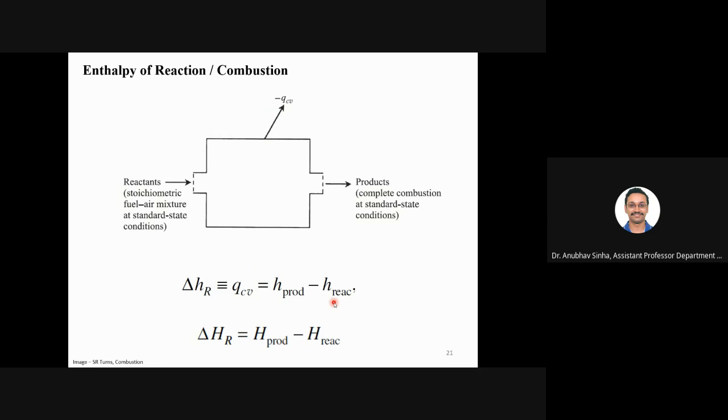Okay, so by looking at the reaction, let us say this is a combustion, which H will be more? H product will be more or H reactant will be more? Product. Product will be more? Yes, sir. Okay, let us explore that more in detail.